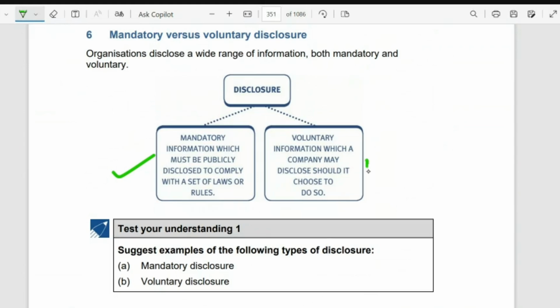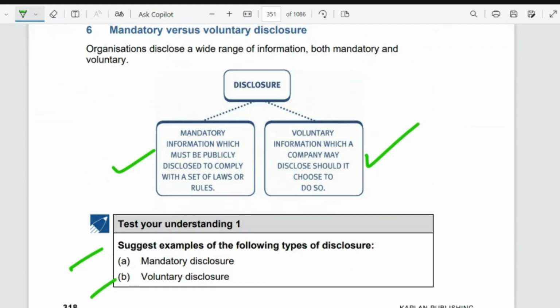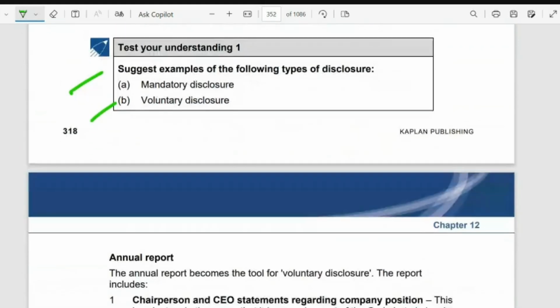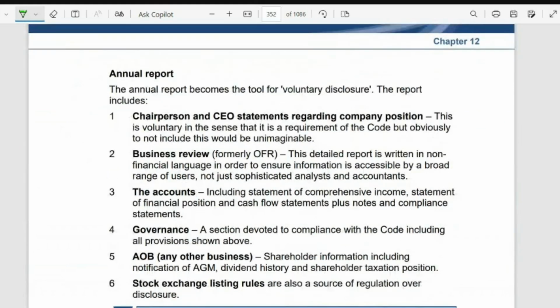And voluntary is information which a company may choose to disclose or not. The annual reports become the tool for voluntary disclosure.